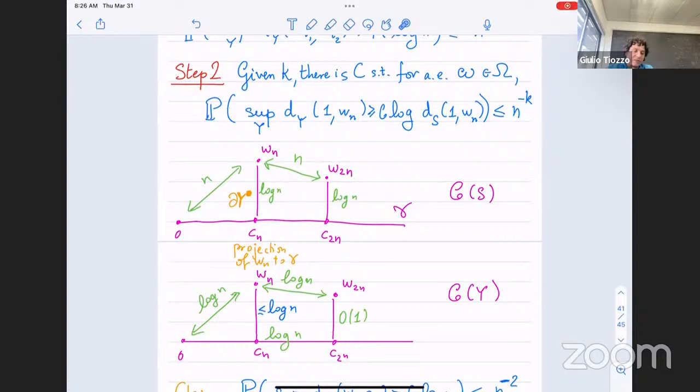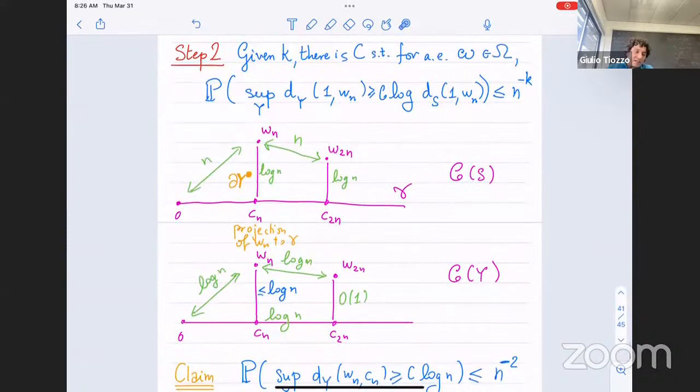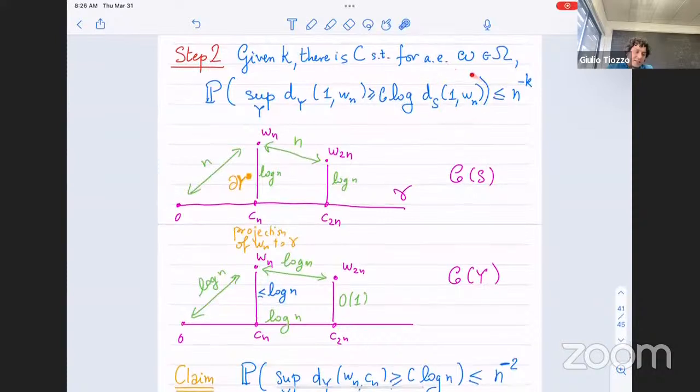Well, this is not going to be bigger than the log of the distance in S between 1 and Wn. I mean, the idea is that this is basically linear. In fact, this is basically n.